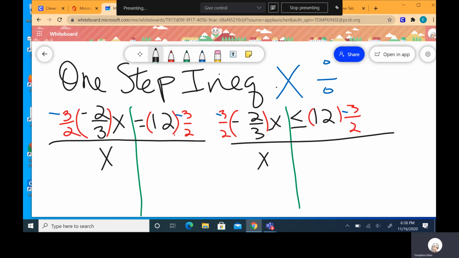On the right side, I have to put a 1 underneath here. And I'm going to get 12 times -3 is -36/2. Yeah, x equals that, -36/2, but we need to simplify it to -18.